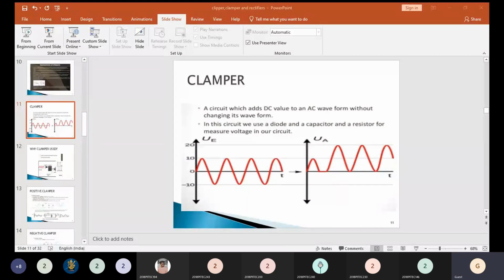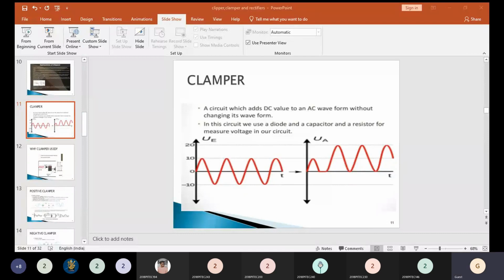So this is a diagram of a positive clipper with biasing. Here the biasing voltage is given as 10 volts. From the options, all are given as positive clipper. You can understand that from the diagram itself, and in the options also they have given positive clipper. With what peak value is it clipping off? So that is the thing.